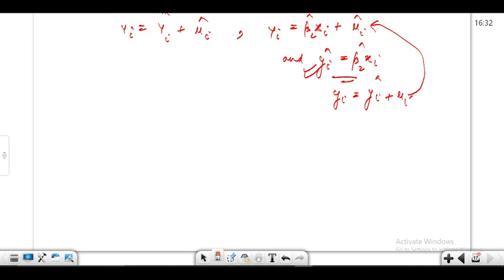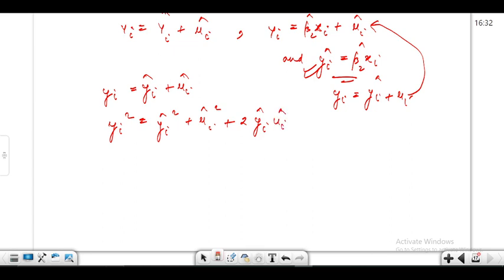yi is equal to yi hat plus ui hat. If I square both the sides, yi square is equal to yi hat square plus ui hat square plus 2 ui hat yi hat.